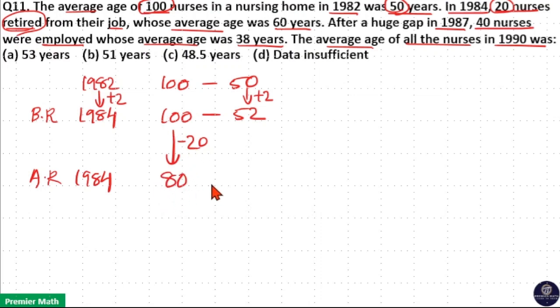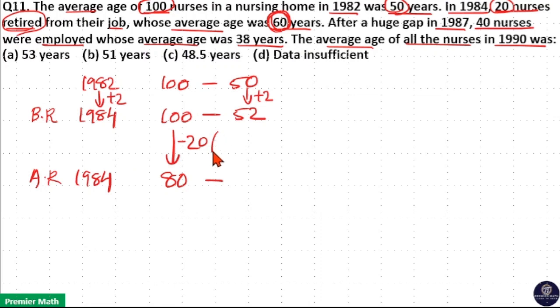So the average age of these 80 people becomes 52 minus the decrease in average. So we need to find out the decrease in average here. Here 20 people retired and their average age was 60 years. But previously these 20 people were included in the 100 and their average was 52. But the question clearly says that the average age of these 20 people is 60 years.